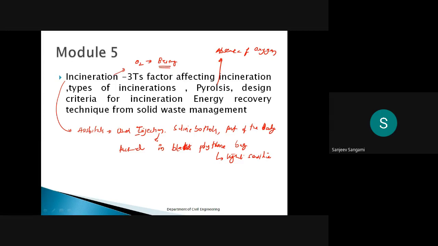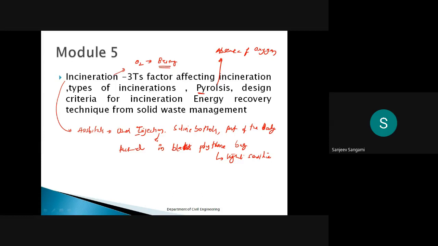So how exactly will things happen? What methods are there? How exactly will it be constructed? We will discuss the methods in pyrolysis, and the design criteria for incineration. For example, how much quantity of waste is being generated? What will be the size of my incinerator? All these things we will discuss in module 5.